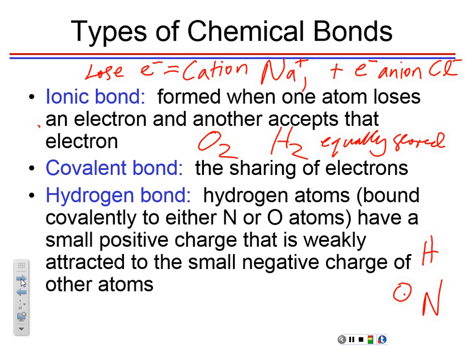So the electrons are pulled here. The 1 electron on hydrogen is pulled towards here. So you get what is called a slight negative charge, and then a slight positive charge on that one. Whenever you have that, you have what are called hydrogen bonds.